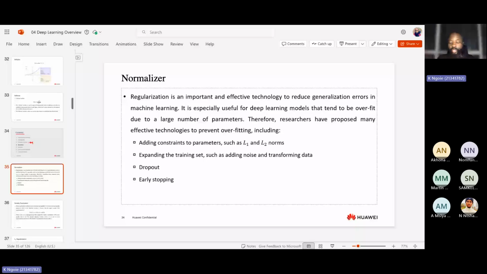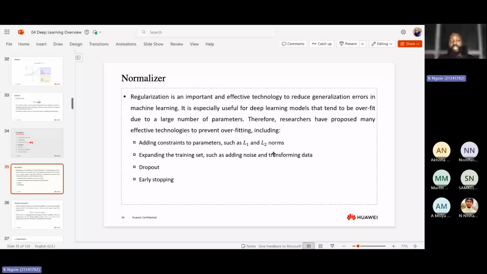Okay, so the first normalizer that we're going to use in order to avoid an overfitting problem is a constraint on the parameters. Those types of constraints can be, for example, the L1 and L2 norms. So what are the L1 and L2 norms?